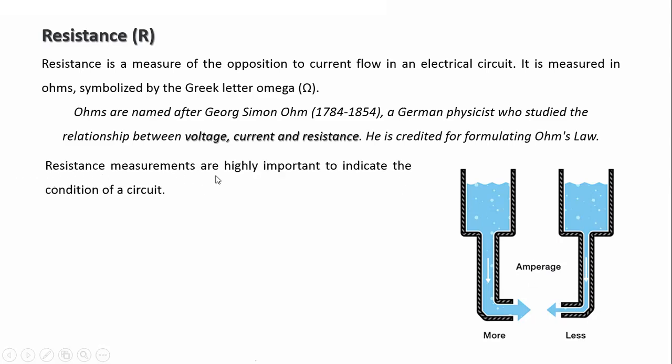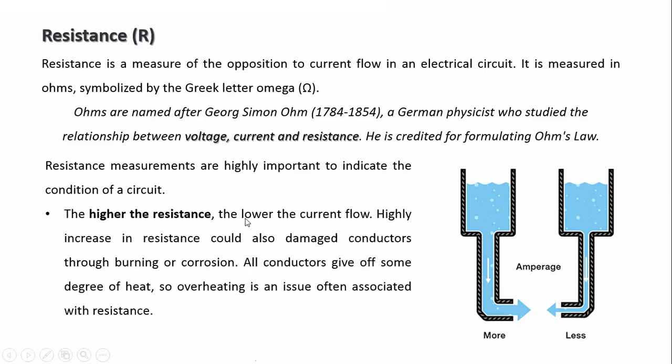So resistance measurements are important to indicate the condition of a circuit. Resistance, I repeat, is a very important element, and you will experience it again and again. The higher the resistance, the lower the current flow, as there was more resistance in water flowing, so the flow of water was less than the first one.